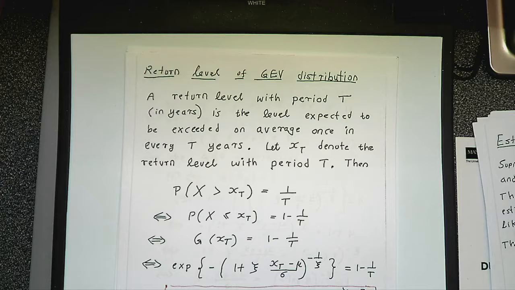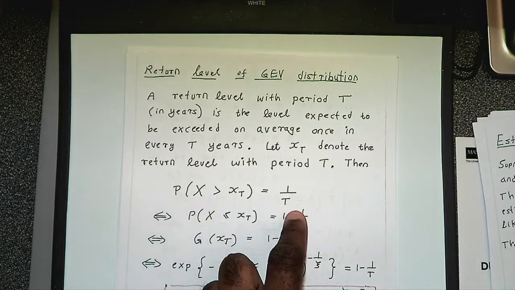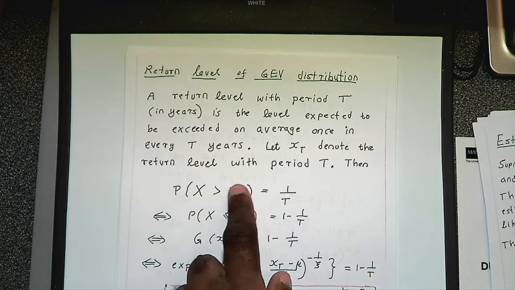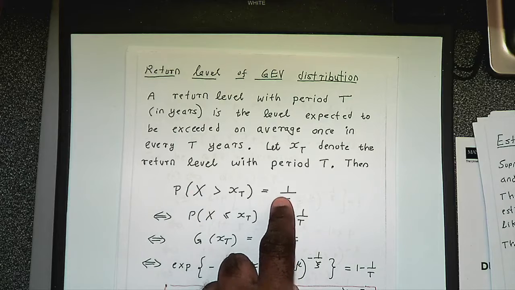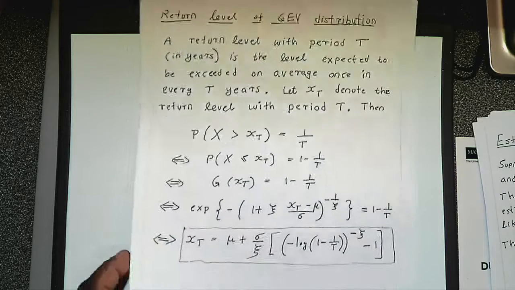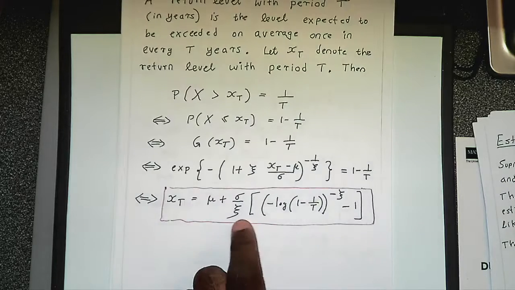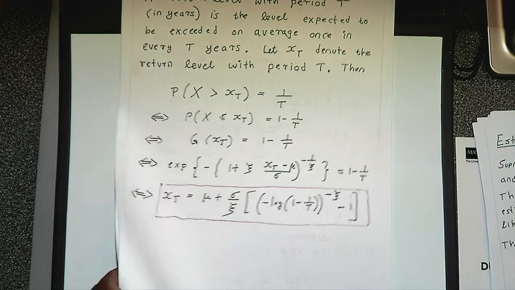To work out the t-year return level, you need to solve this equation, so the probability that the value will be exceeded is once every t years. If you solve this equation for a GEV, this is the formula you will get. This is the formula for the t-year return level.